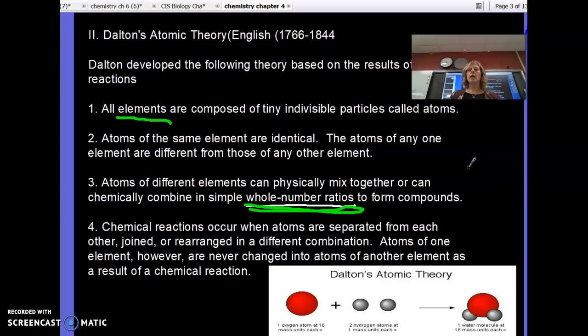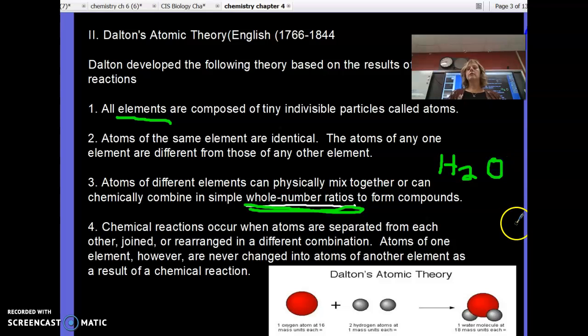They don't combine chemically, but they stay whole and retain their properties in a physical mixture. But they also can combine chemically in whole number ratios to form compounds. So we would say something like, if I have 2 hydrogen atoms and an oxygen atom, right?